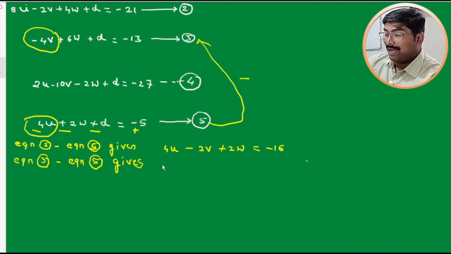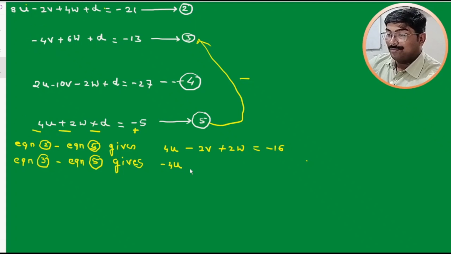So first I will write minus 4u as it is, and then minus 4v from equation number 3, and in equation number 5 v term is absent, means we can write minus 4v as it is. Now from equation 3 we have 6w, and from equation 5 after subtracting minus 2w. So 6w and minus 2w is equal to 4w.